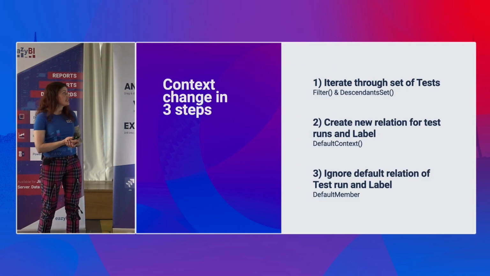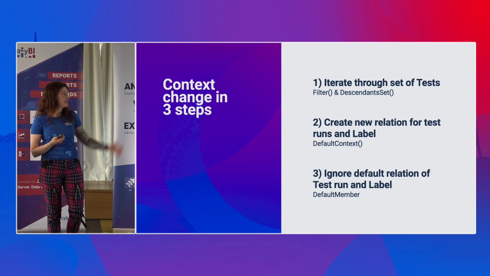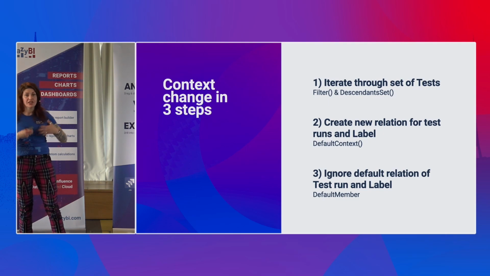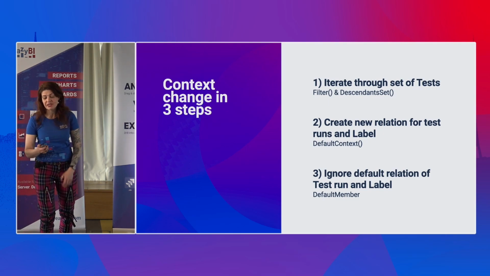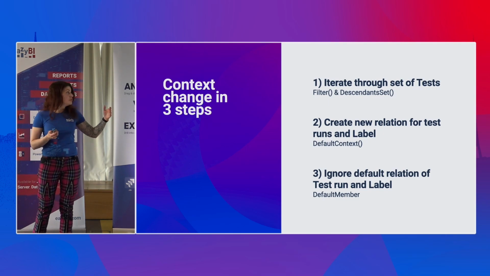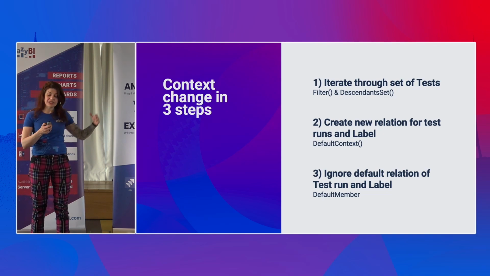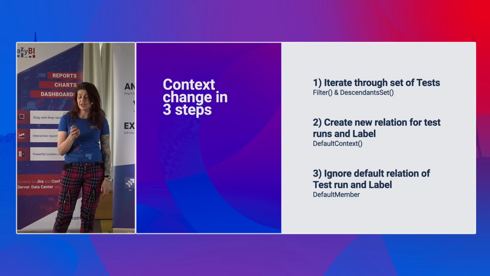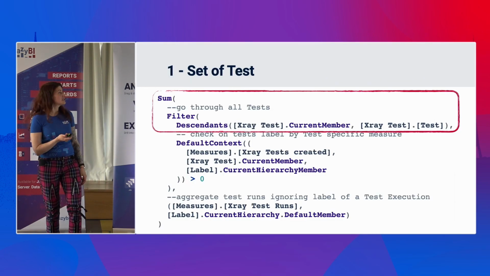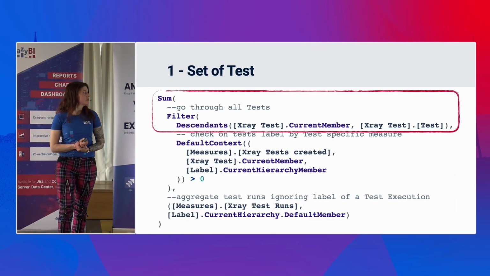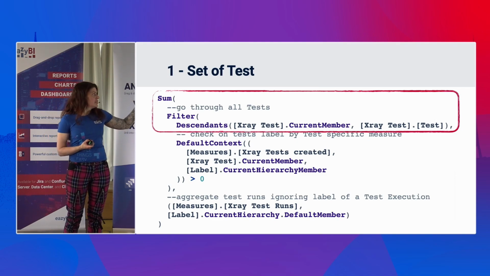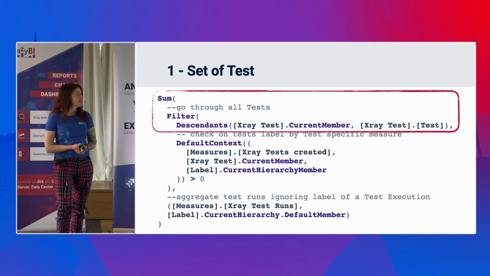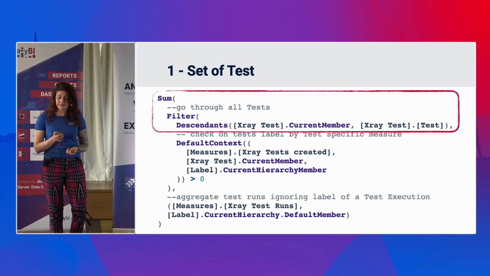Again, I used the same formula. You will see how it goes through. I iterate through the tests because I wanted to create a new relation from the test perspective, create a new relation between test runs and labels of tests, and then ignore the labels of the tests. Again, set of this says that we are going through X-ray tests at the test level and applying a filter.